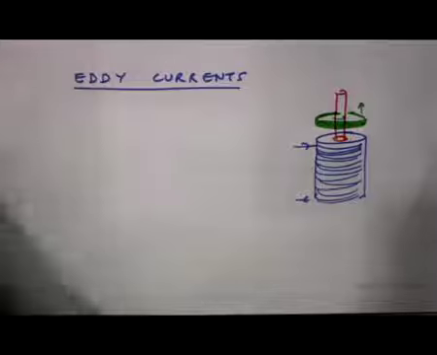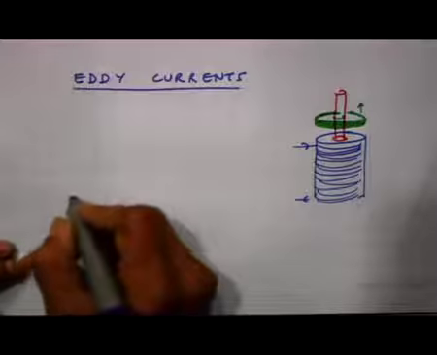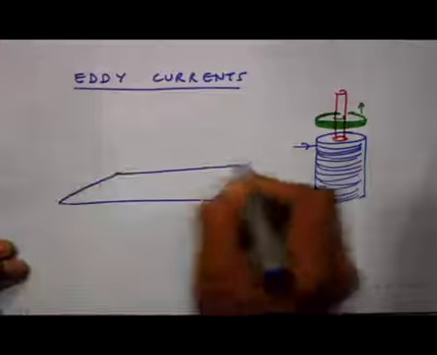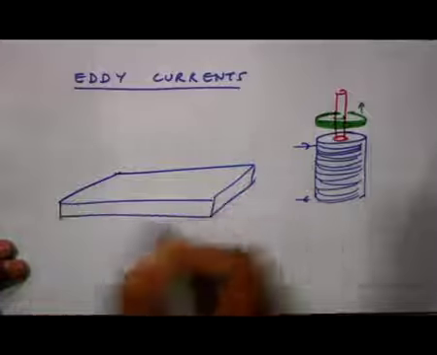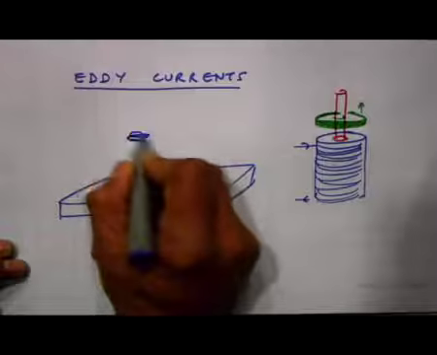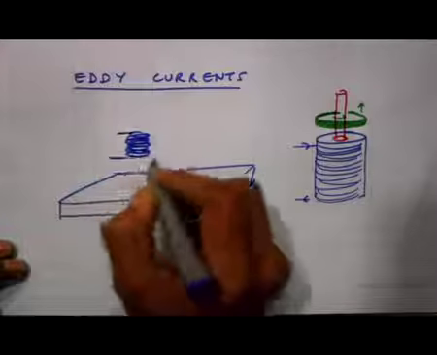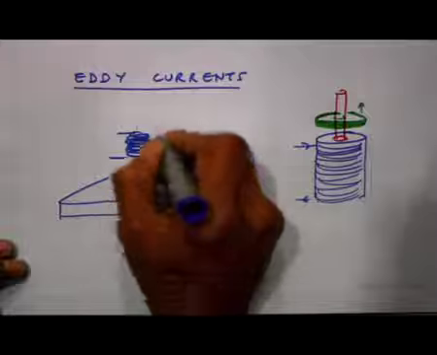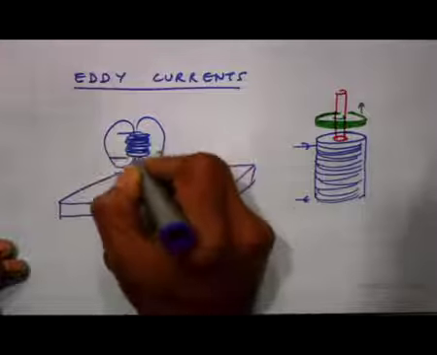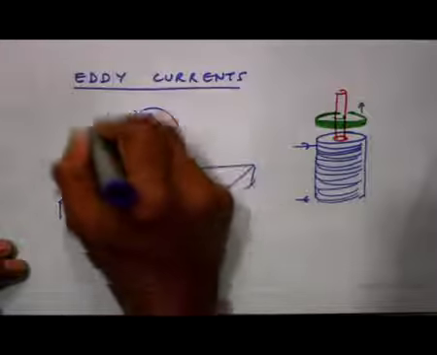Now, eddy currents also can happen in other situations. For example, let me draw another figure to show you another kind of eddy current. Suppose I had a conducting surface here, a solid conductor, and I had a solenoid carrying current; the solenoid will have its own magnetic flux surrounding it.